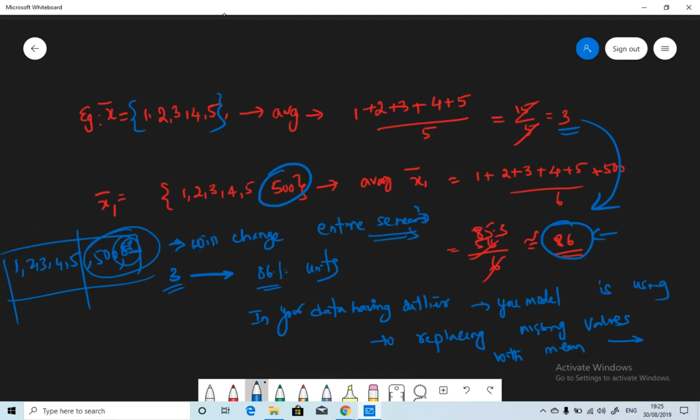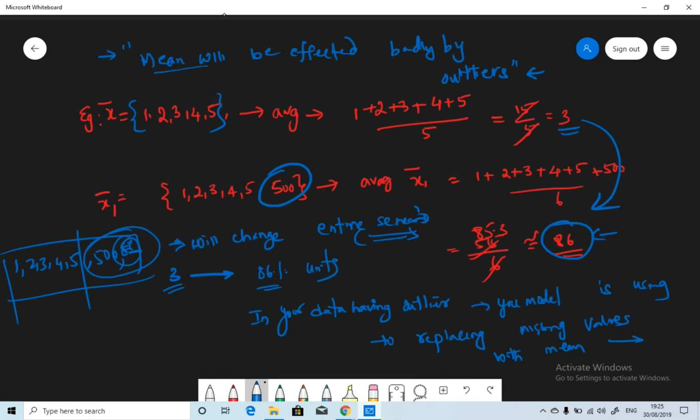Clear, Venkat? So what is the conclusion? Mean will be affected badly by outliers. That is the reason I told you about outliers before the central tendencies. This is what we wanted to learn.